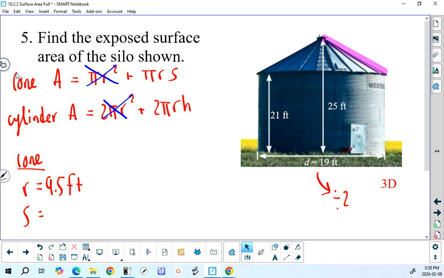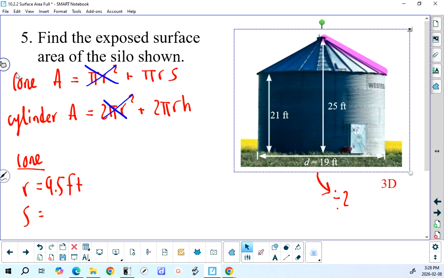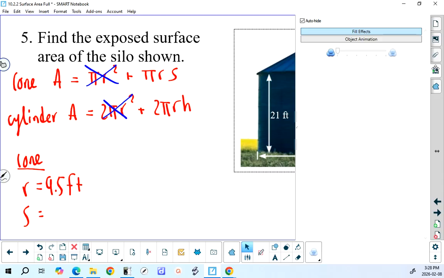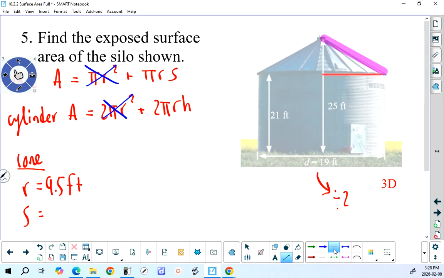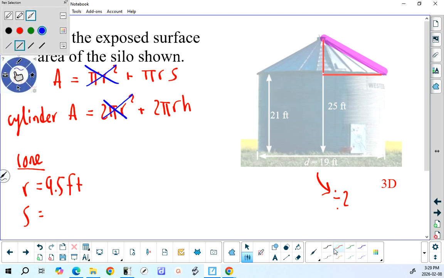Now, we don't know that, but we can find it using the Pythagorean theorem. That slant height is a hypotenuse of a right angle triangle. It's pretty easy to see that the height of the cone is 4 feet.